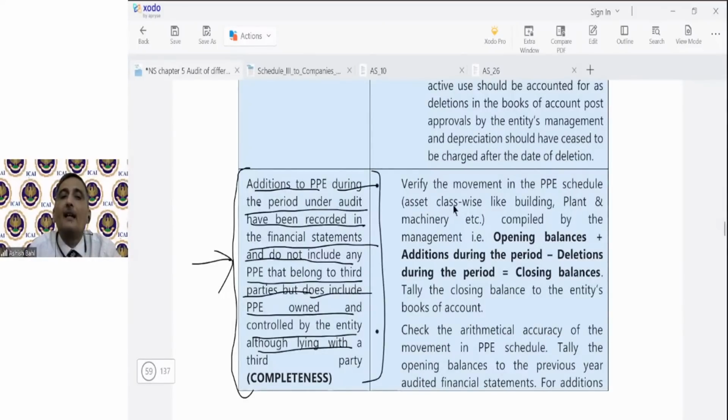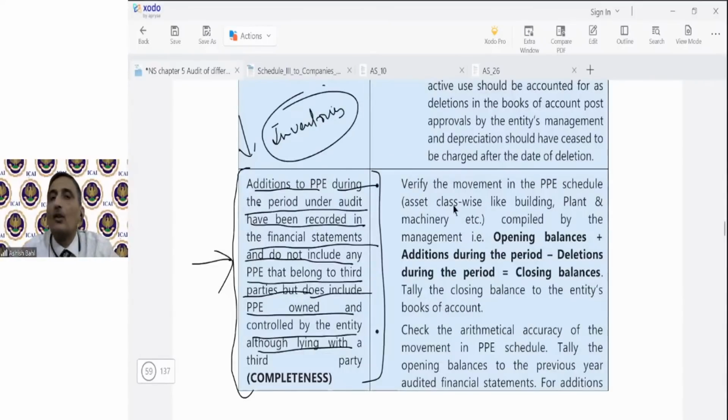So same thing as we had done in case of inventories. सो इन्वेंटरीज के बारे में भी हमने यही स्टूडेंट्स पढ़ा था कि वॉट एवर स्टॉक विच बिलोंग्स टू द एंटिटी, although it may be lying with the third party, it would be shown in the inventories of the entity.